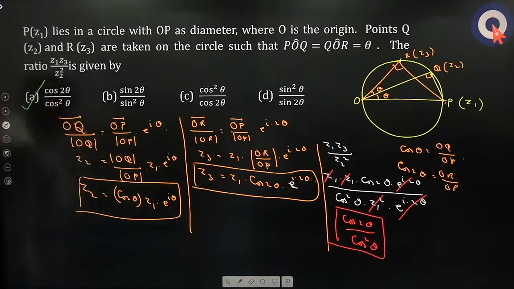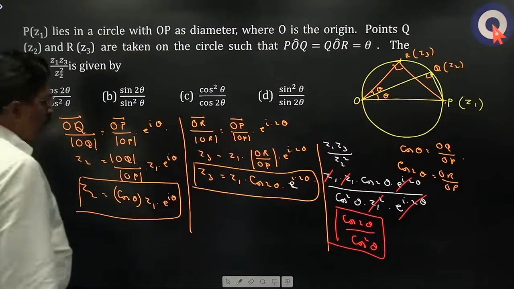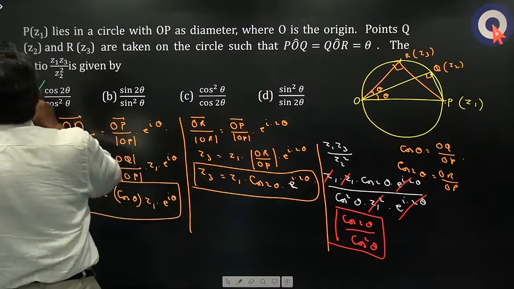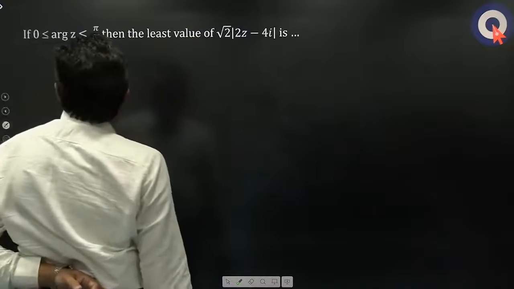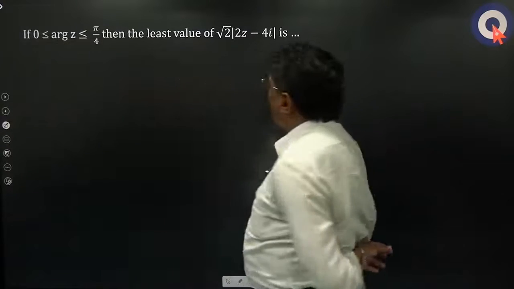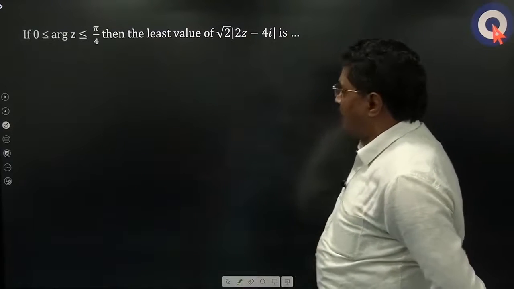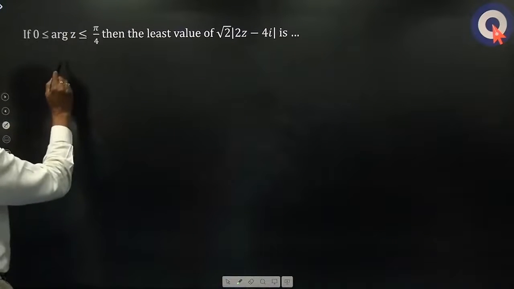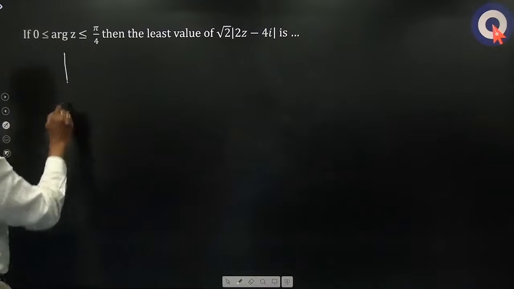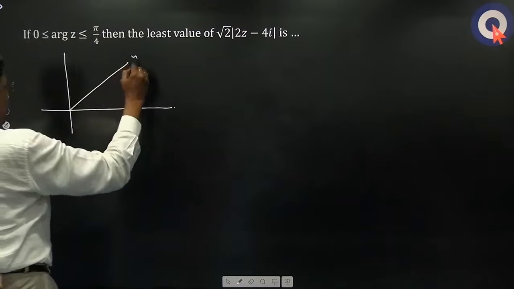Let us move on to the next problem. Okay. So then, if arg z lies between 0 to pi by 4, then the least value of root 2 into mod of 2z minus 4i. All right. So here, this is the line y is equal to x.